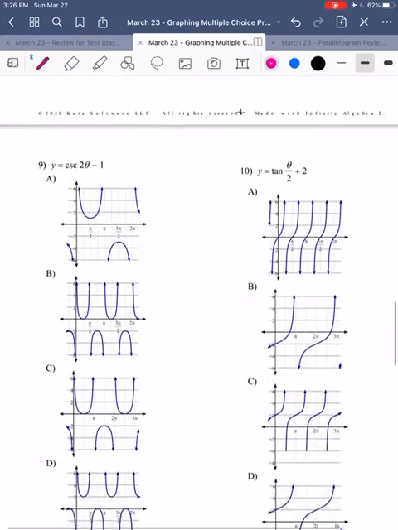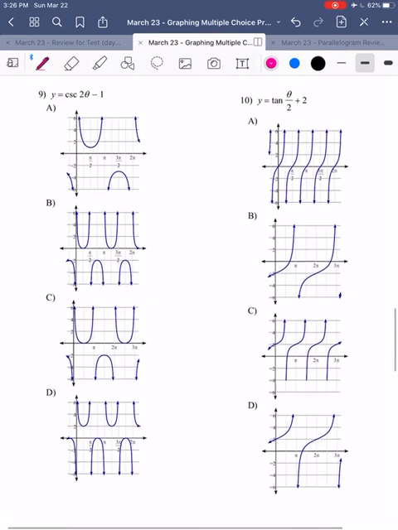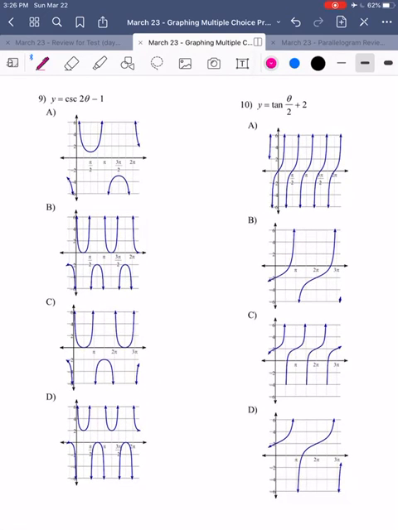All right. And now let's try number 9. Now, we haven't done this yet, but I think based on your prior knowledge, you'll be able to understand it. So this -1 is a vertical shift, so that means it's going to go down 1.